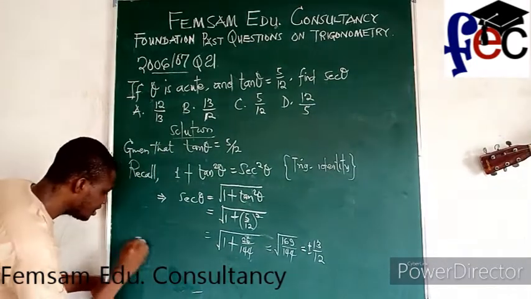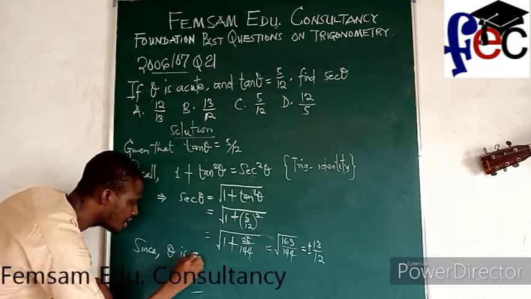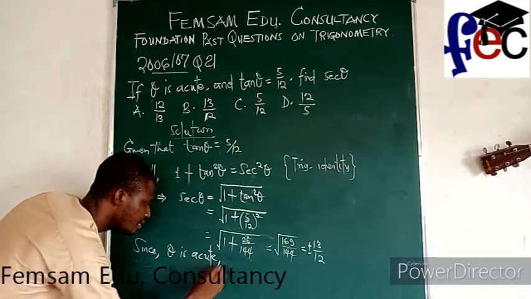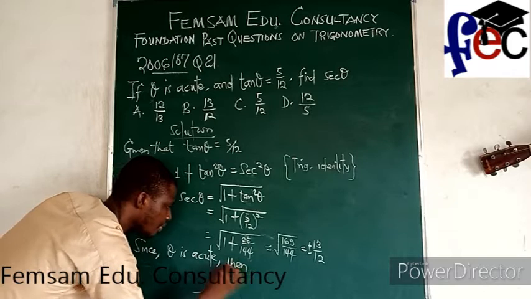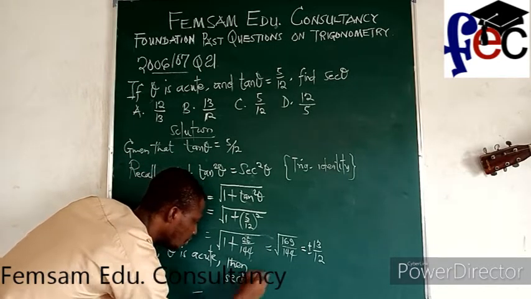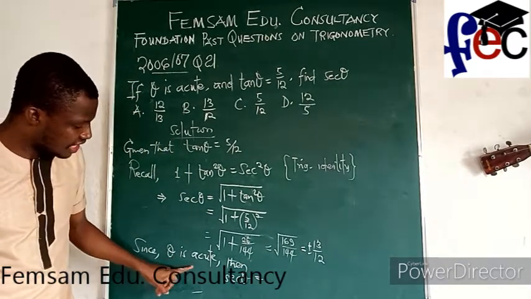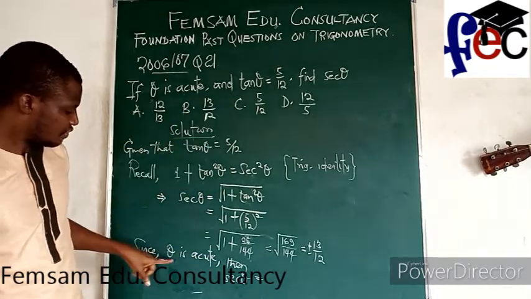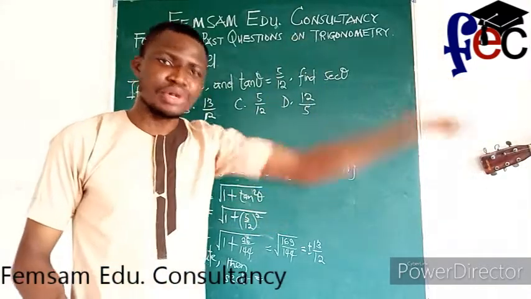Since theta is acute, then sec theta will be equal to, please take note, if theta is acute, one of the things we need to take note of is that for the fact that it is acute, it shows that theta lies in the first quadrant.